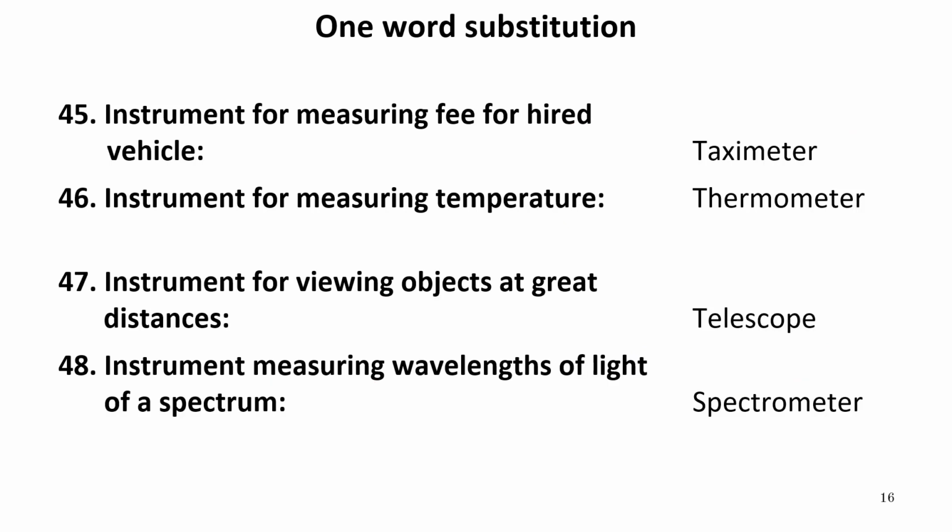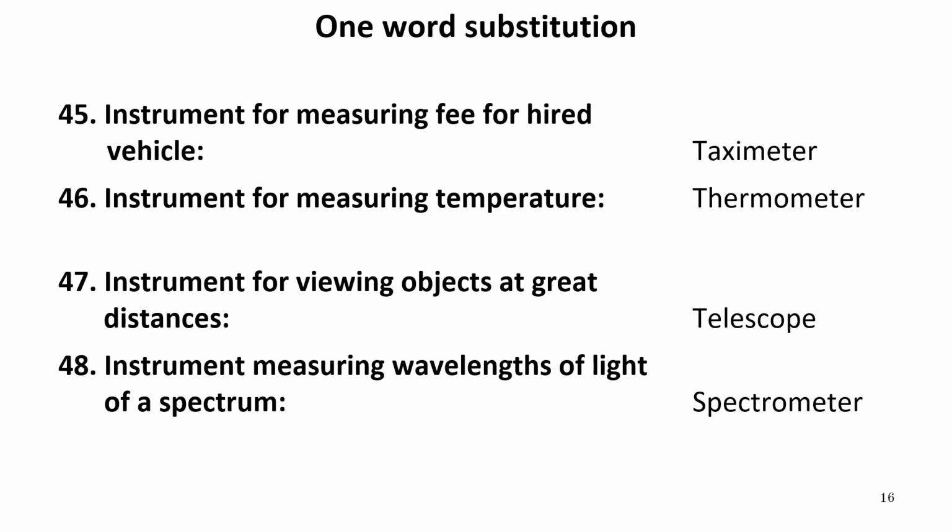Now let us move to the next one. Instrument for measuring fee for hired vehicle. Now, if you are going in a vehicle which is hired, for example, taxi and auto, and there is a meter, you must have seen the meter in which the time and amount is continuously going on. So, whenever you travel a distance, it is fluctuating continuously.